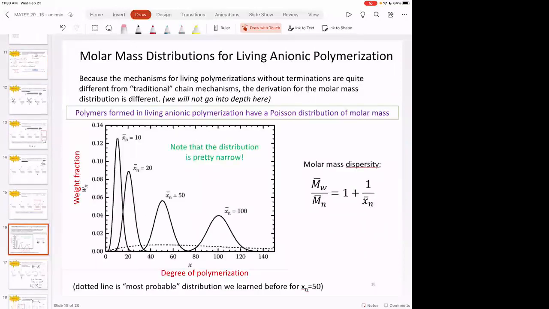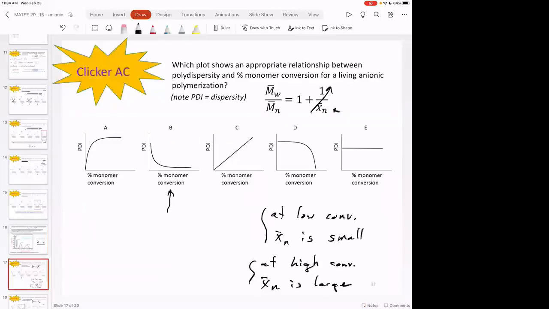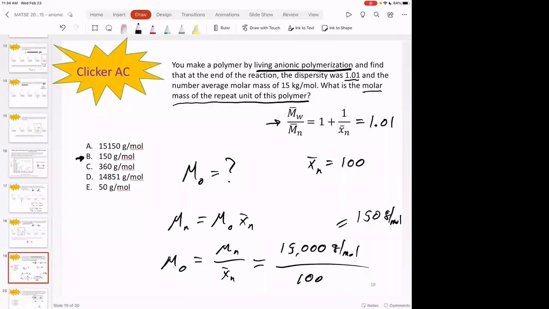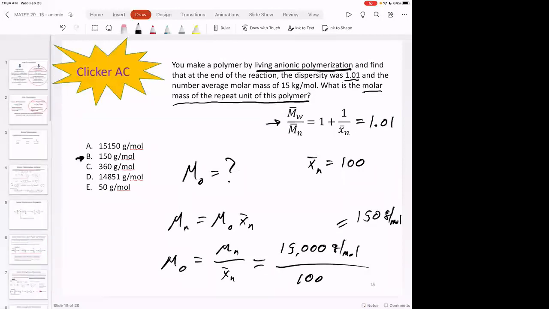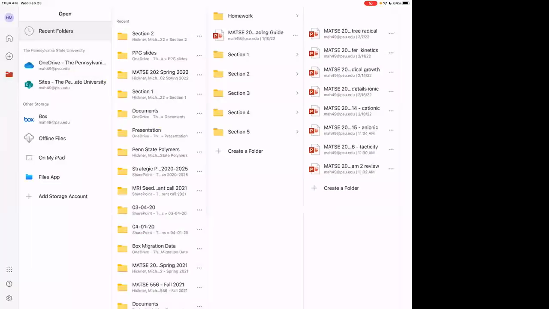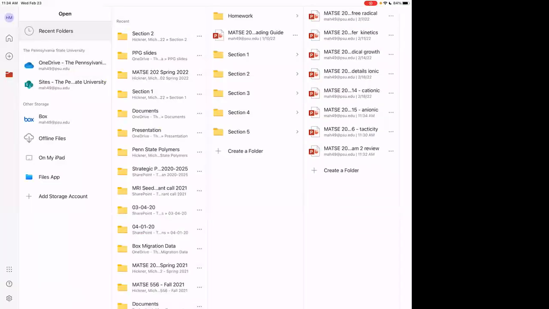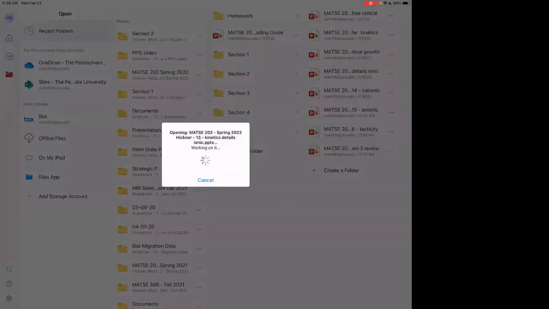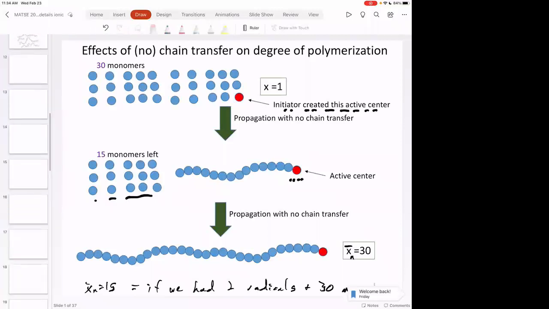So for living anionic polymerization, we've got an expression for the dispersity in terms of the X bar N. And then we also have, oh man, I can't even find it now. Maybe it's in the previous one. Bear with me. Here we go.